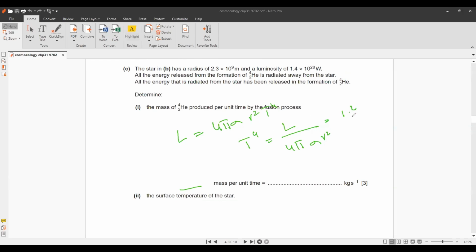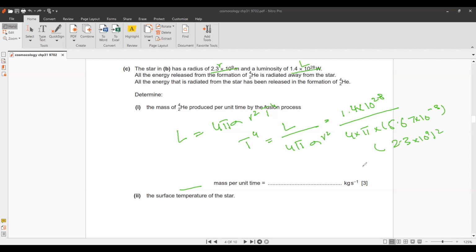It's 1.4 into 10 raised to power 28, divided by 4 into pi into Stefan's constant, which has a value of 5.67 into 10 raised to power minus 8, into R square, which is 2.3 into 10 raised to power 9 squared. It always slips out of my mind. R is this, luminosity is this, and the rest of the things are constants.